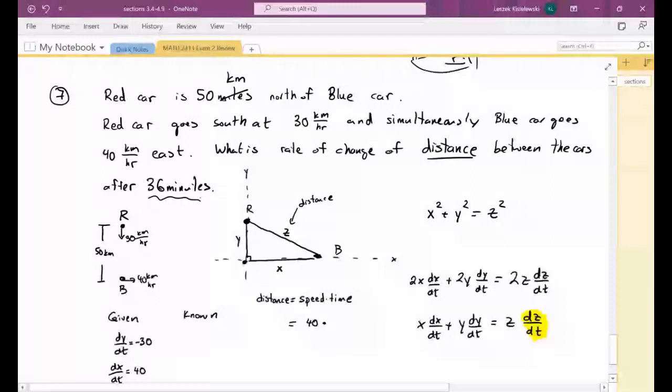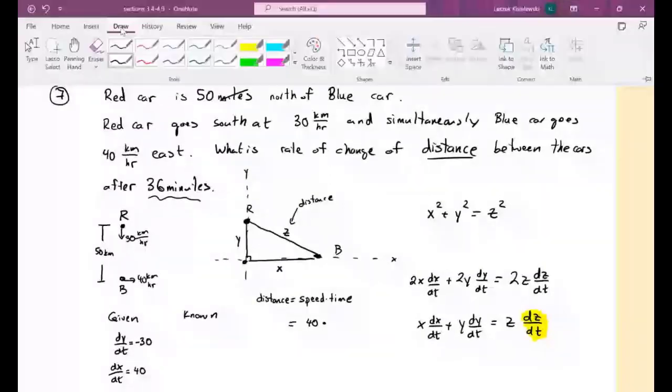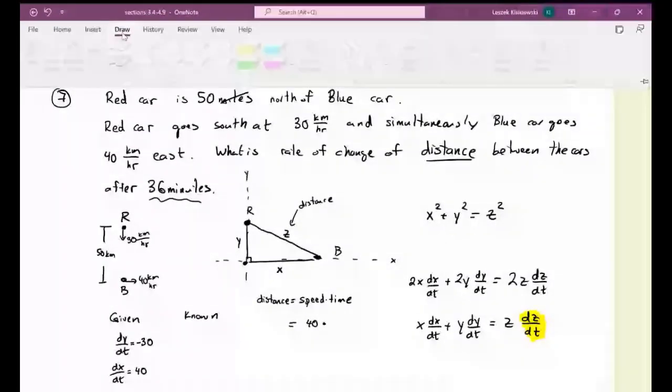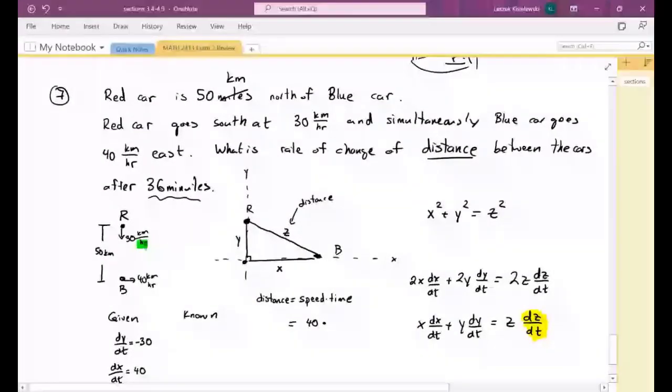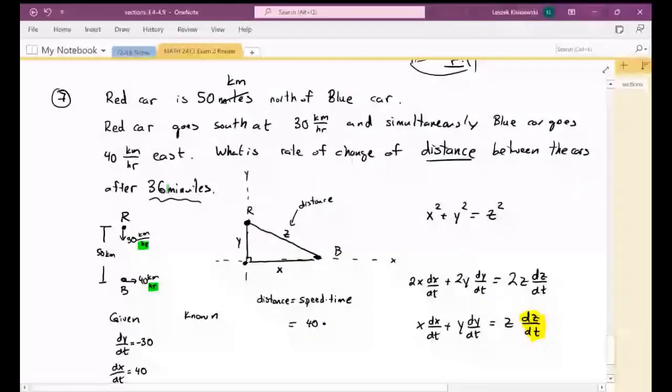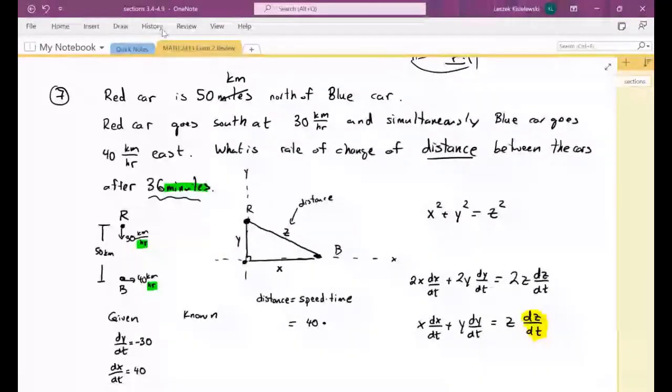So, should we leave it as 36 or change it to hours? I think we have to change it to hours. The rates were given in hours, so let's do that. Okay, but this is minutes. So what's 36 minutes in terms of hours, by the way? 36 over 60? 6 over 10? 3/5? 3/5 of an hour, right? Yeah.